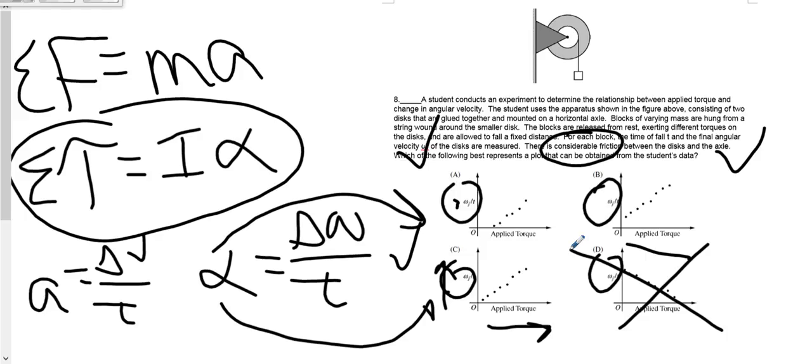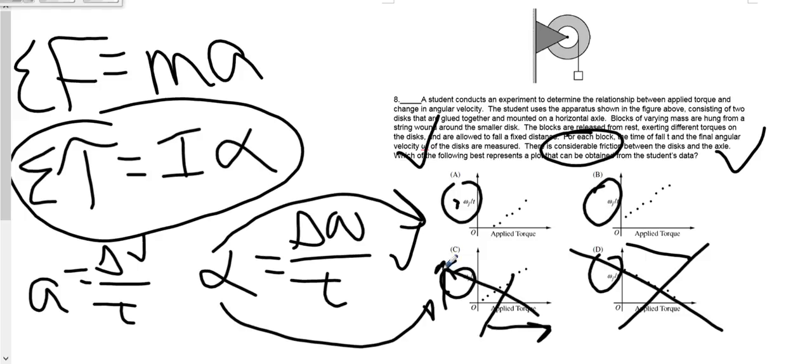Now the considerable friction part. At zero net torque, I wouldn't expect there to be any acceleration from 0, 0 because there's considerable friction. Friction would be, in this case, a counterclockwise negative torque. So this doesn't make sense.